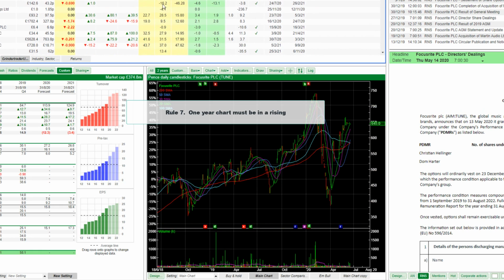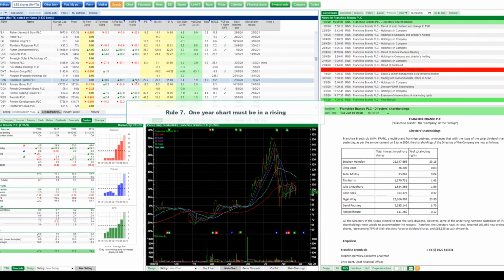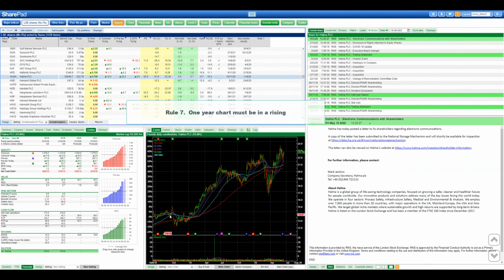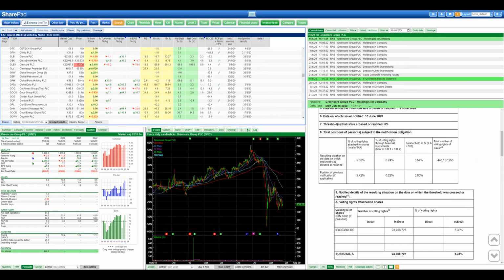I'd be looking at another type of chart. This one, for instance, is a bit less volatile. This is where we had a market crash due to the coronavirus and the oil price. So if it wasn't for that, you're looking generally for a 45-degree sort of upturn on the share price.